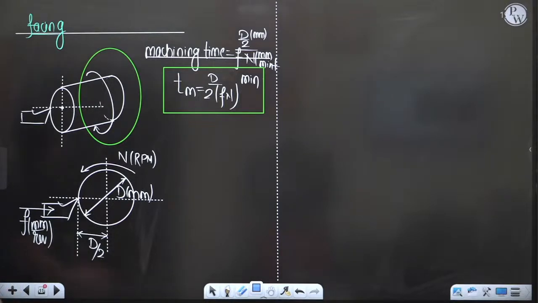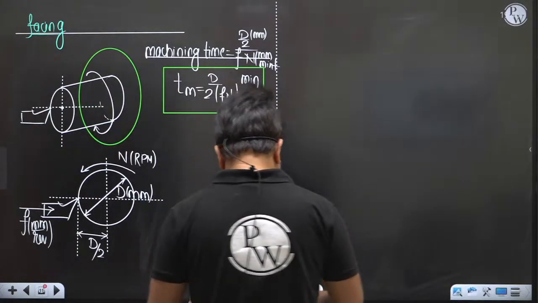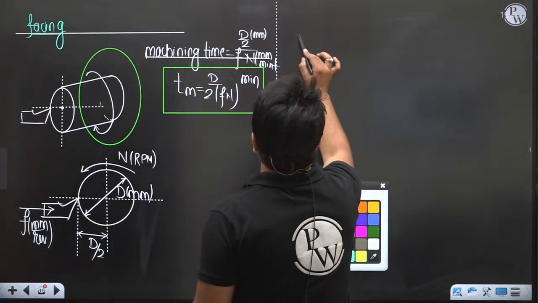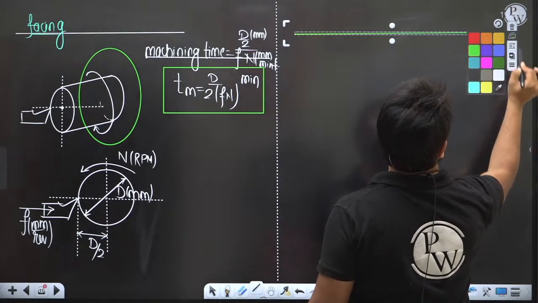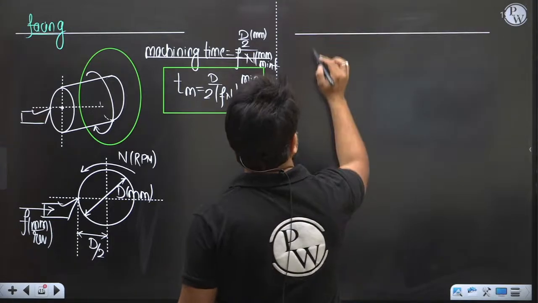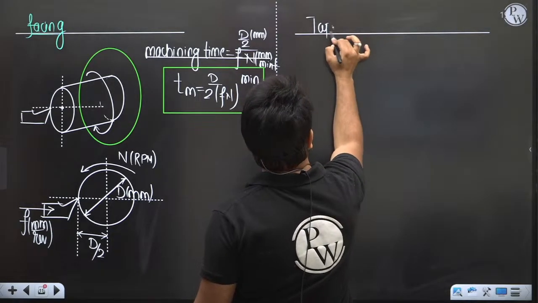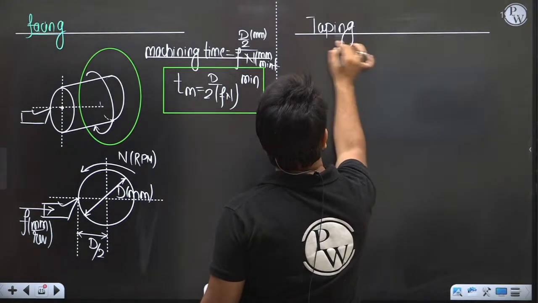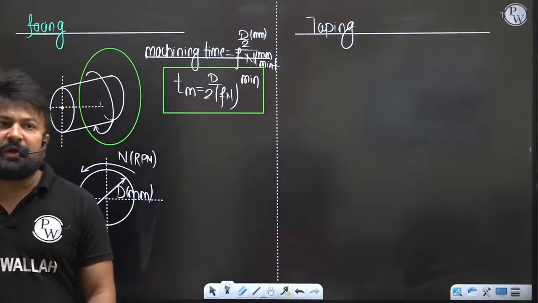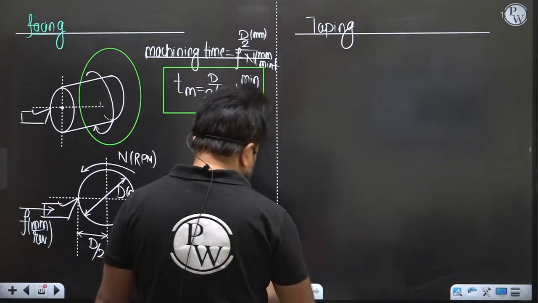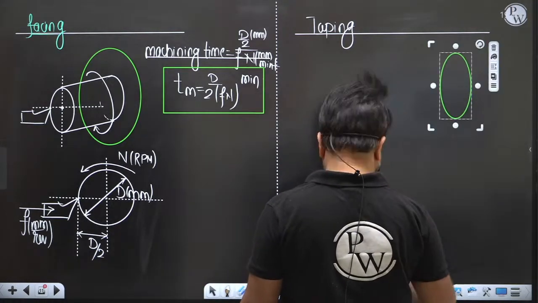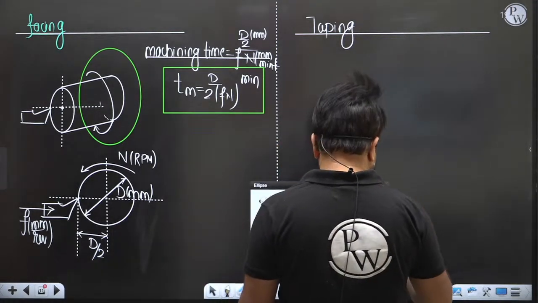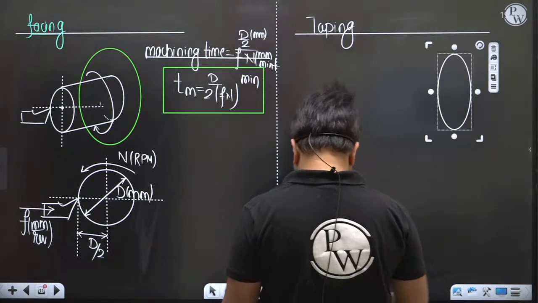Now on the lathe we can do one more operation, that is the taper operation. We can do the taper operation. Suppose the initial workpiece will look like this.